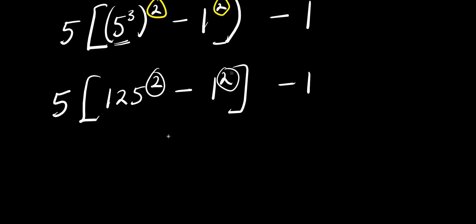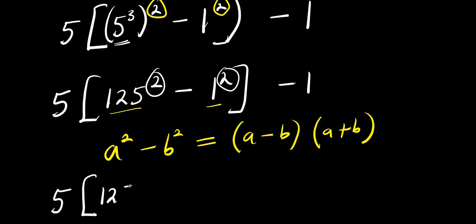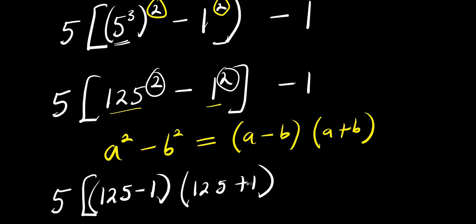If you have a squared minus b squared, this equals a minus b times a plus b. So my a is 125, b is 1. That means I'll simply have 5 times 125 minus 1 times 125 plus 1, and this is minus 1.